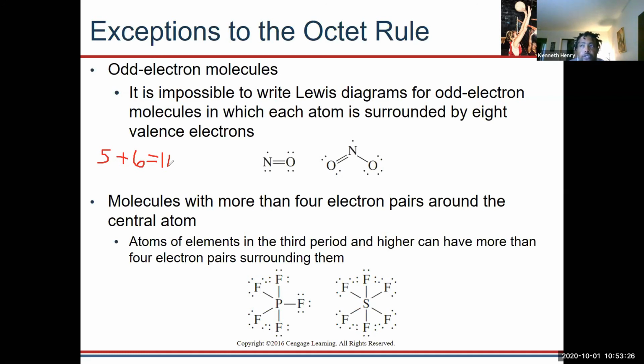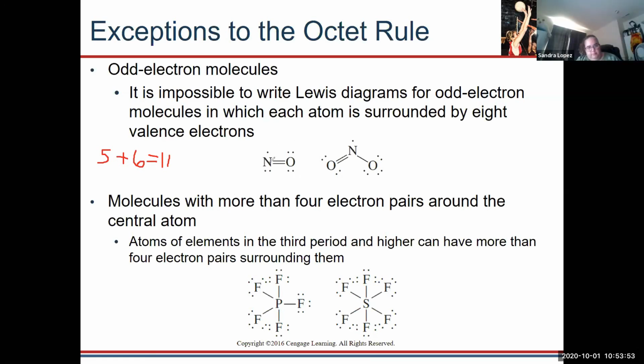In that case, the atom that is the most electronegative is going to reach its octet first, and the one that's the least electronegative is going to try to get as close as it can to its octet. So it's going to try to get to that 7 mark. If you look around here, how many electrons do you have around nitrogen? 7.